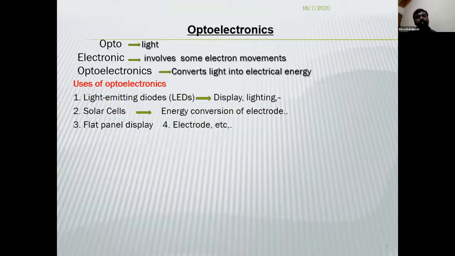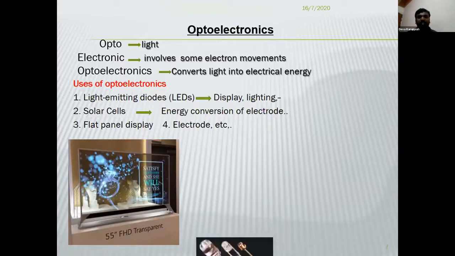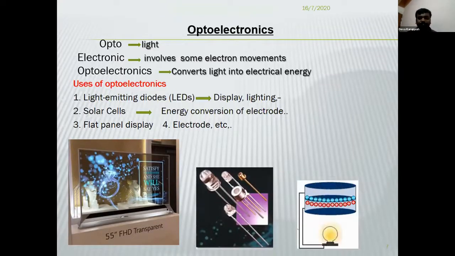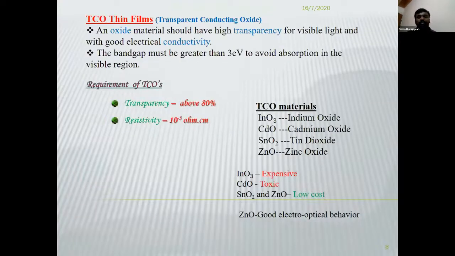So another main application is optoelectronics, where light involves some electron movement within a transparent substrate. These are the uses of optoelectronics, like LED displays, solar cells, and flat panel displays, and so on. So TCO thin film means transparent conducting oxide.